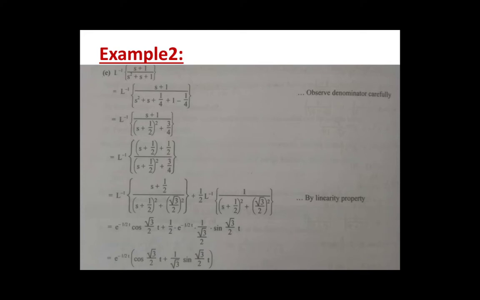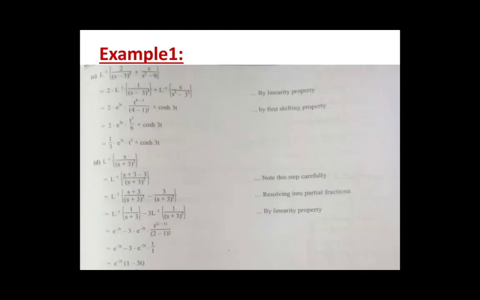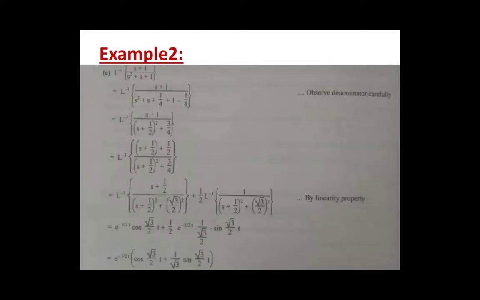Inverse Laplace of s plus 1 upon s square plus s plus 1. What I am going to do is find the third term and add that third term in the denominator. The denominator's third term will be 1 upon 2 into the coefficient of s, which is 1, the whole square, so that will be 1 upon 4.